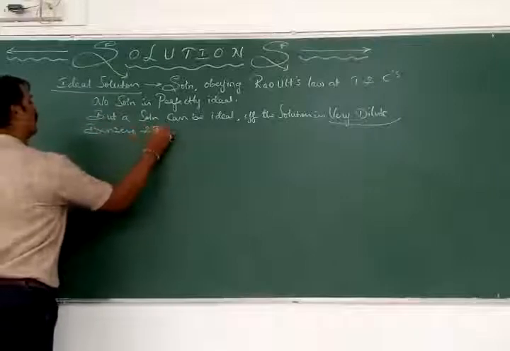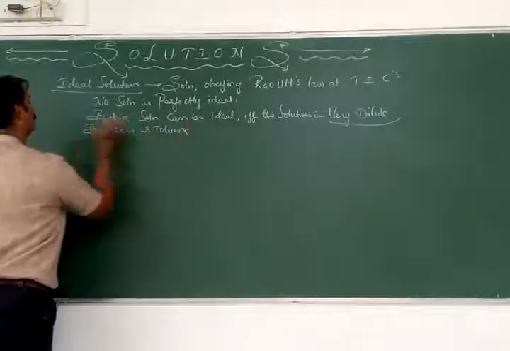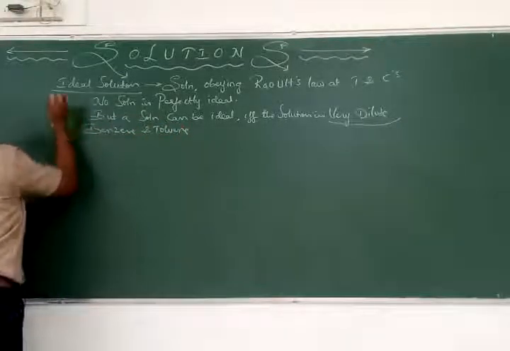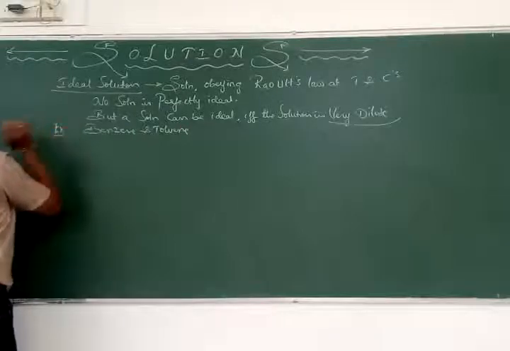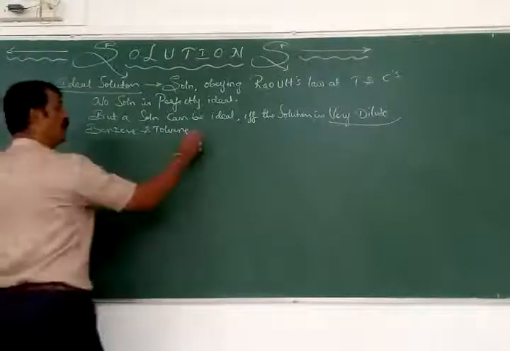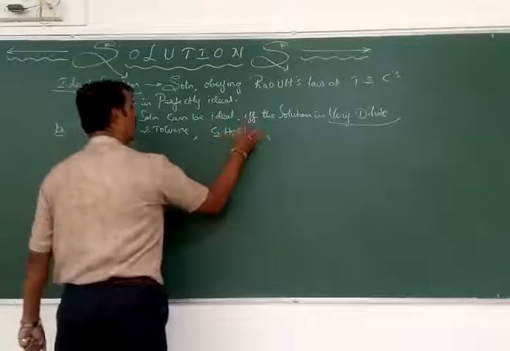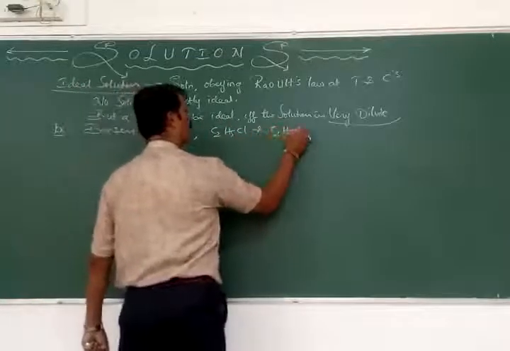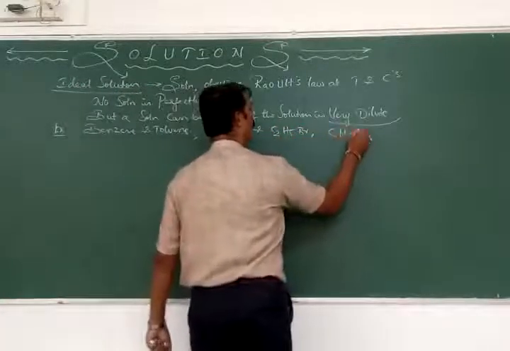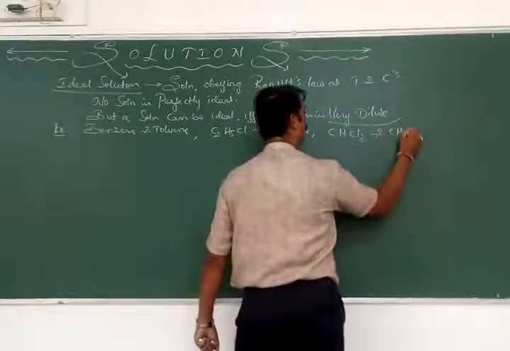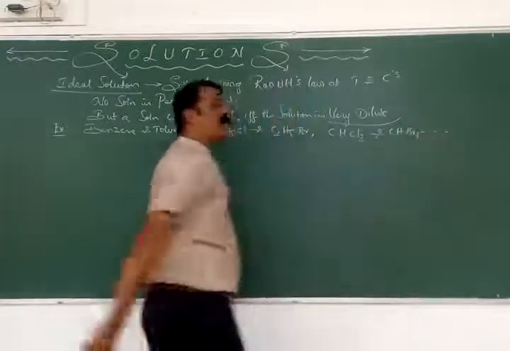For example, benzene and toluene, ethyl chloride and ethyl bromide, chloroform and bromoform, n-hexane and n-heptane.